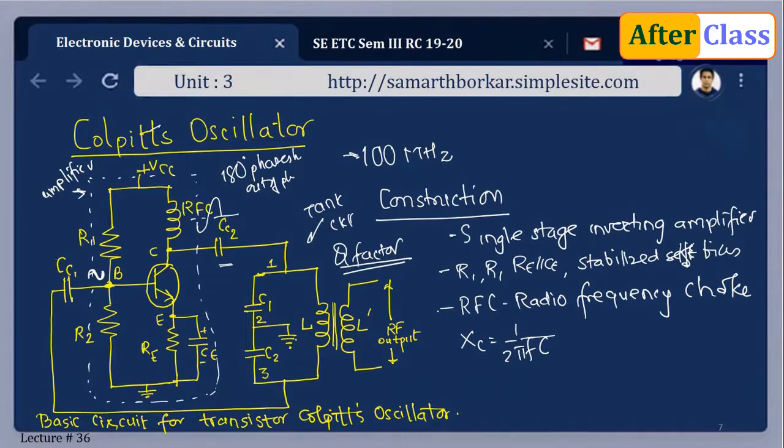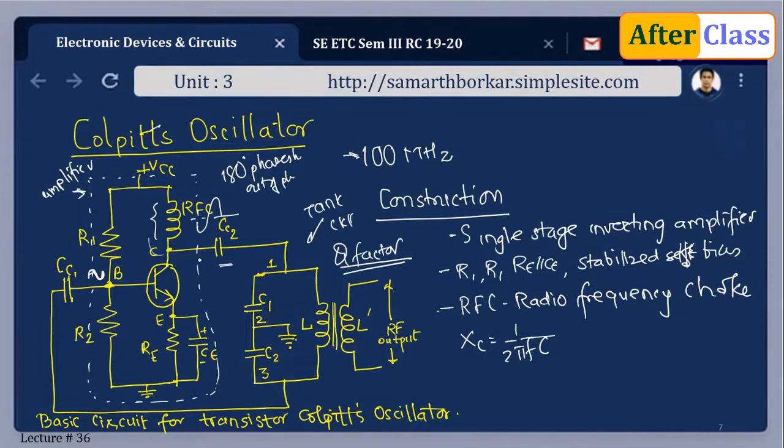Now the radio frequency energy that is developed across the RFC is capacitively coupled to the tank circuit. We have studied the coupling. So here it is capacitive coupling. The output which is generated across the collector needs to be fed to the tank circuit.